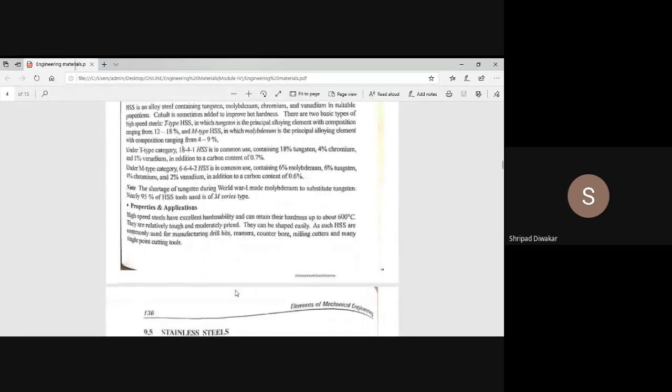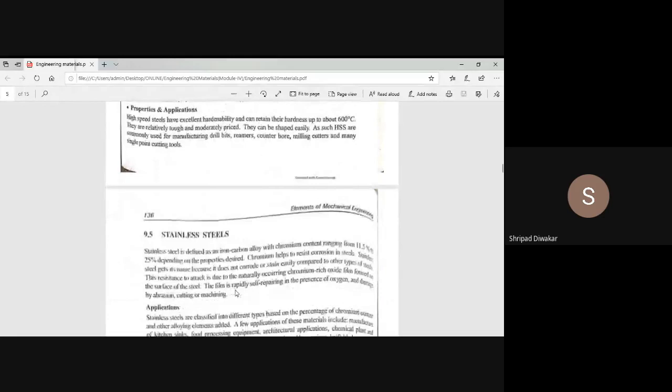Next we have the stainless steels. You might already know stainless steels play a very important role in our day-to-day life, for utensils and everything. We can describe stainless steel as an iron and carbon alloy with chromium ranging from 11.5 percent to 25 percent.